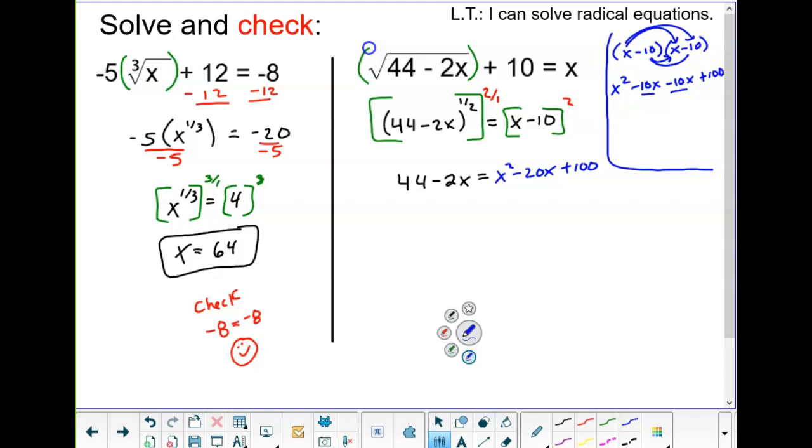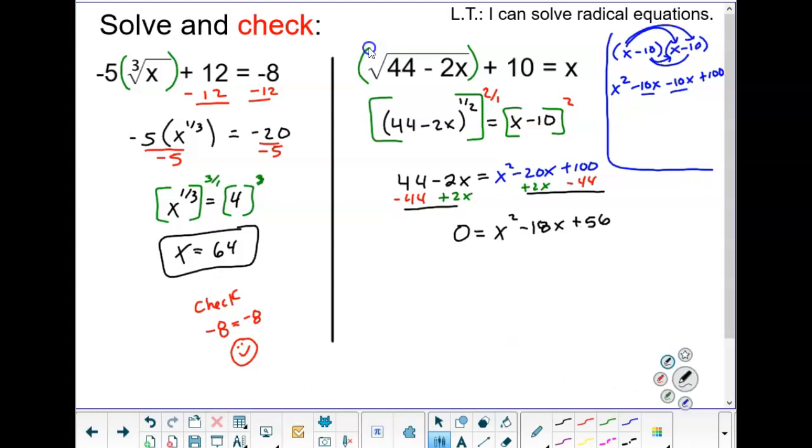So I'm going to leave the blue side, and I'm going to move a 44 over. And then I'm going to also add a 2x in the same step. What that does is it leaves a 0 on the left side. And then we get x squared minus 18x plus 56.